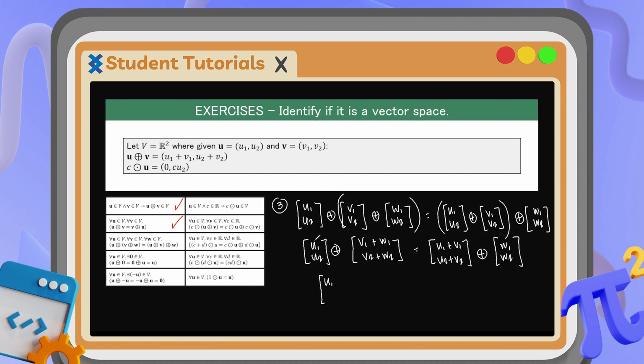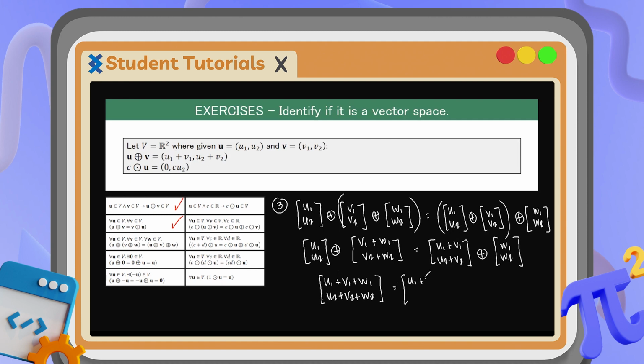So we add them sequentially. Since vector u goes first, we add the element first of vector u, followed by the element in vector v1 plus w1. So we write it like so. And then similarly for u2, v2, and w2, you add them sequentially as well. On the right-hand side, we also follow the same sequence in vector addition.